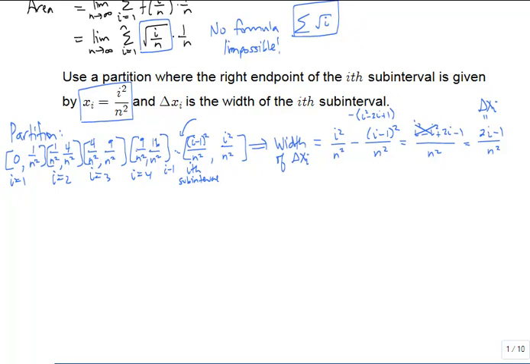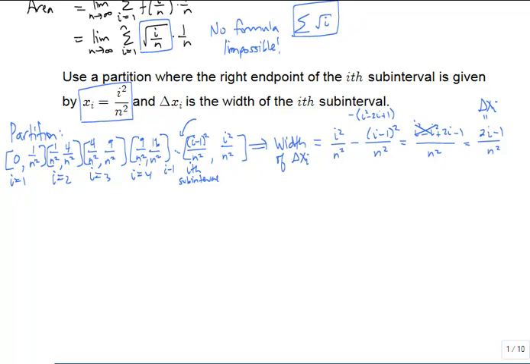So these widths are changing as I go throughout this whole partition. Okay, so it's not a regular partition because each one of these widths is constantly changing. Okay, the other difference is we're not just using our normal right endpoint. We have a fancy formula for how to generate each of these right endpoints.